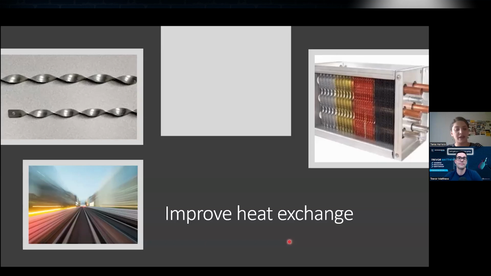So here are some advices to improve the heat exchange within your heat exchanger. For instance, as I mentioned before, we can always increase the refrigerant velocity or its turbulence.